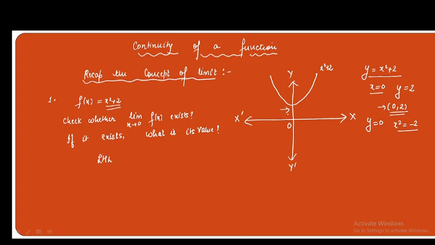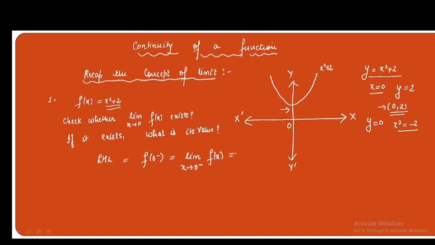Whenever you are approaching the value of x, which is here 0, from the left hand side, it is called the left hand limit. It is written as f of 0 minus, or you can write it as limit x tends to 0 minus f(x).